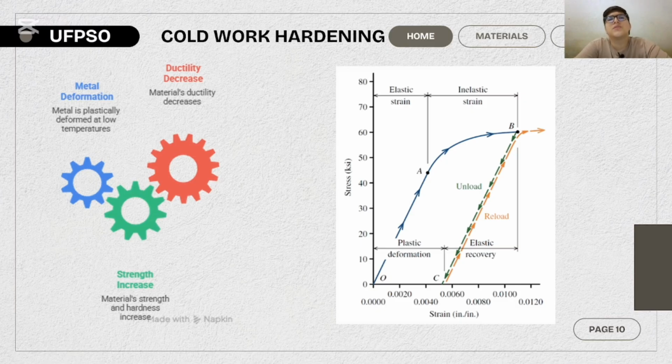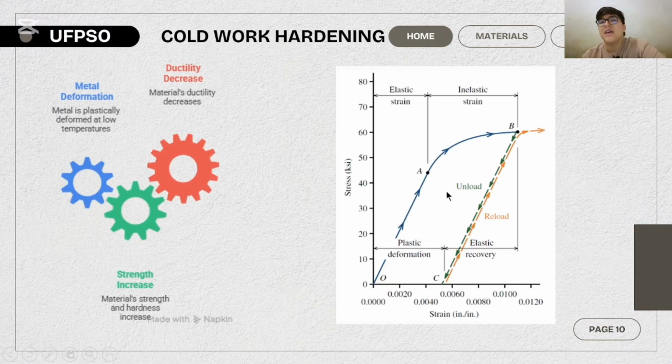During this process, the material increases its strength and hardness, but its ductility decreases, which is the ability of the material to deform without breaking. In other words, the material becomes stronger but less flexible.